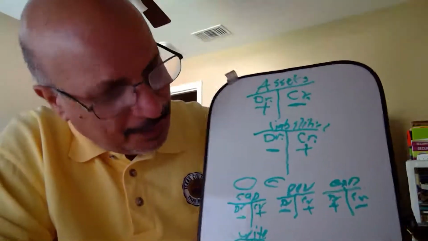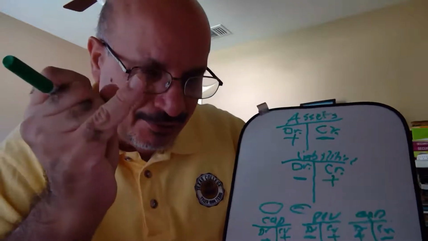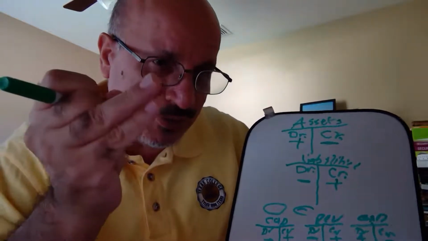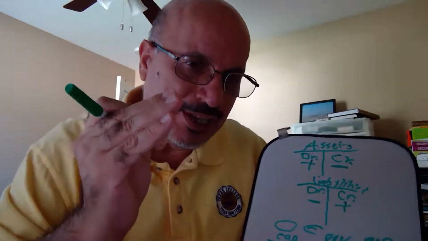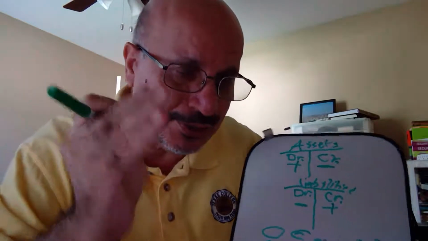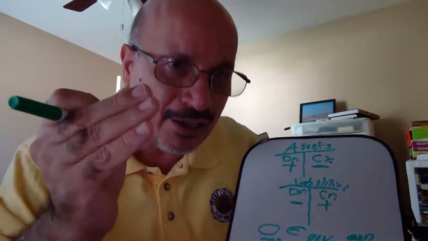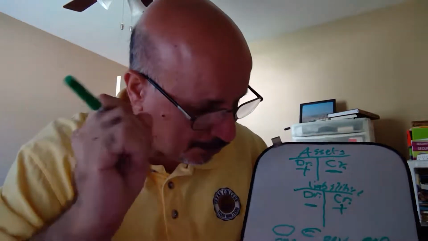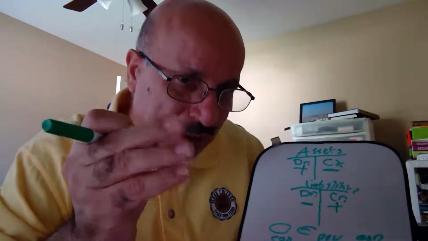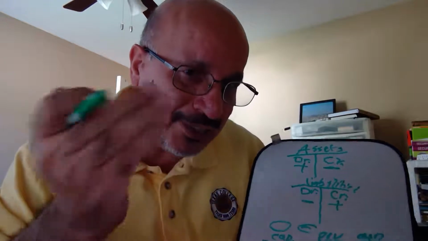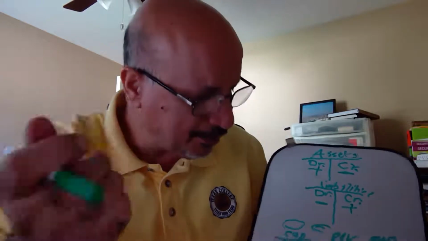So, based on what I'm seeing here, assets, expenses, and withdrawals are treated the same way. When they increase, they are debited. When they decrease, they are credited. Liabilities, revenues, and capital are treated the same way. When they increase, they are credited. When they decrease, they are debited.